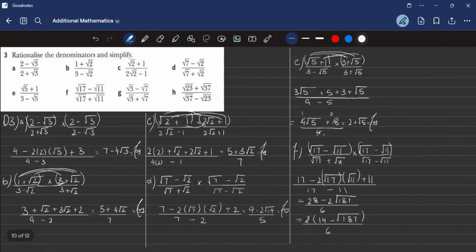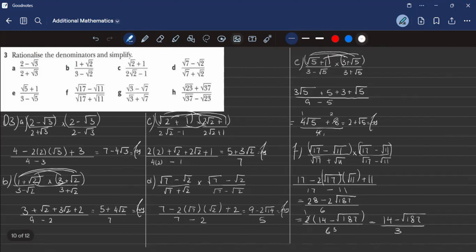Now simplify this. 2 ones are 2, 2 threes are 6. So your final answer would be 14 minus root 187 divided by 3. Okay, so that's it for part F.